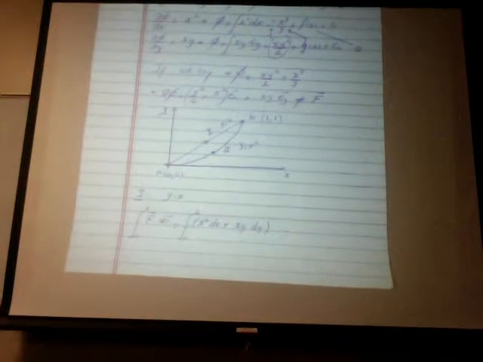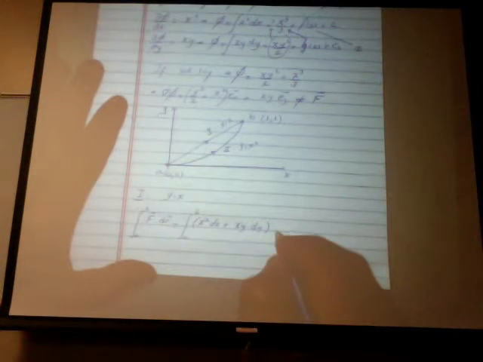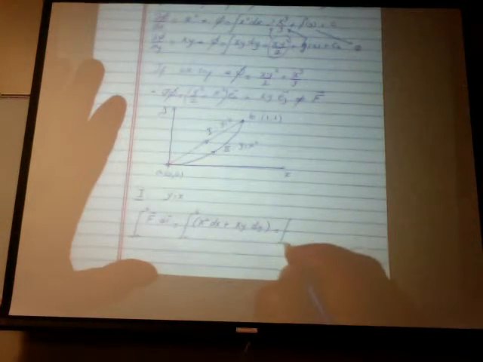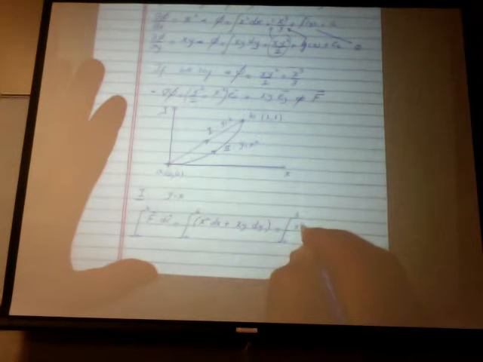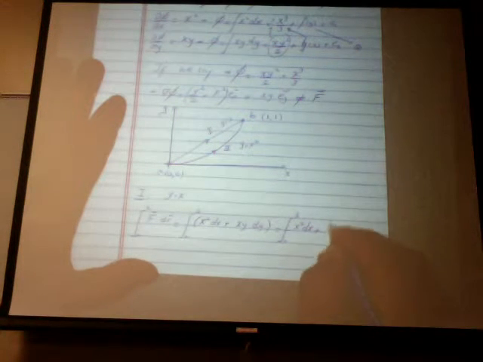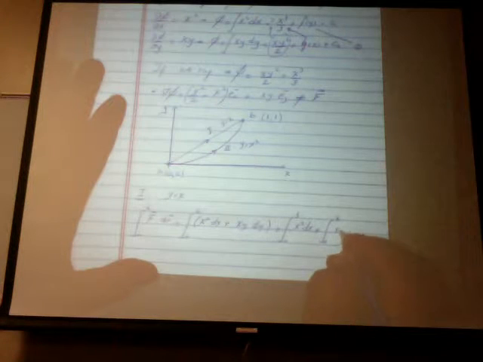So we're going to be looking at that integral, and that would be the integral from A to B of x squared dx plus the integral from A to B of xy dy.